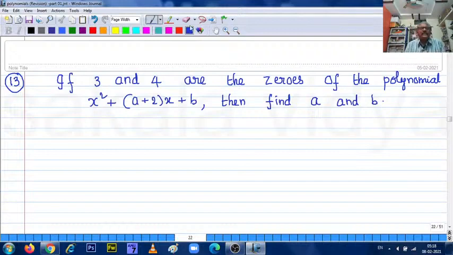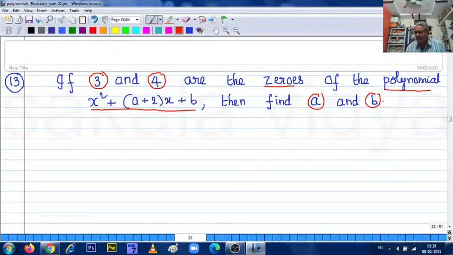First, read the question carefully. If 3, 4 are the zeros of the polynomial x square plus (a plus 2)x plus b, then find the a, b values. So how to find these values? First of all, 3, 4 are zeros.